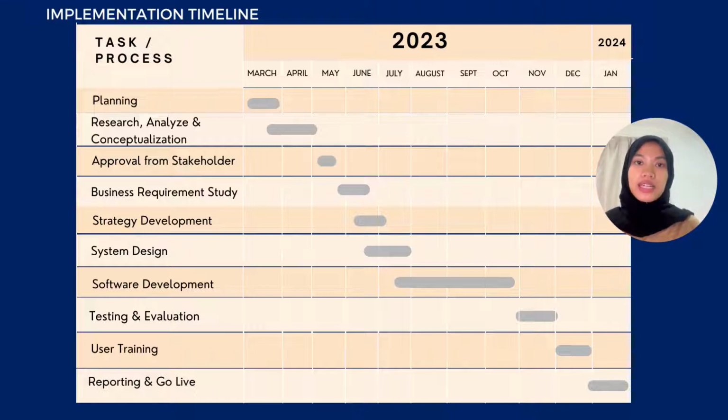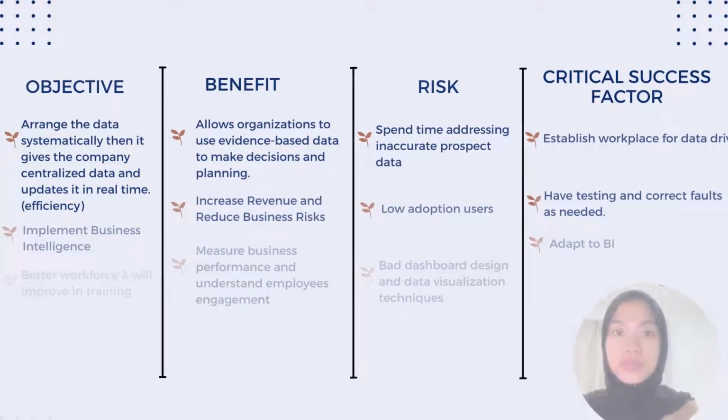After that, there is user training, so the employees can adapt to the software or BI. Then, after it all finishes and meets the requirements, there is reporting, and it is expected to go live in January. Now we will move to the next slide.